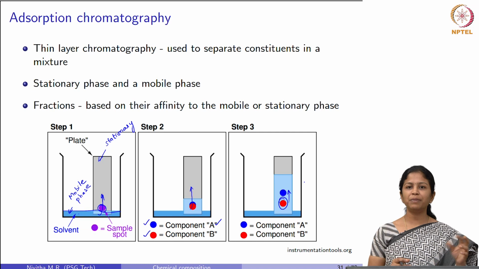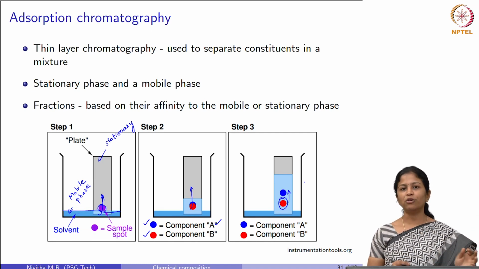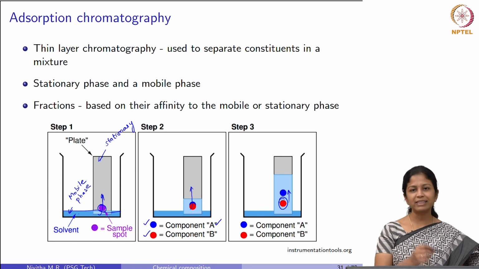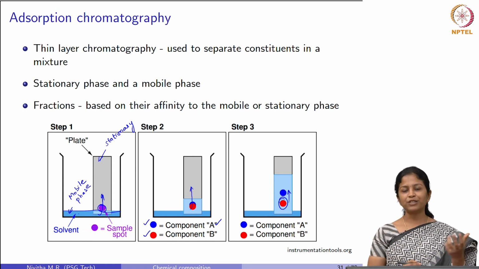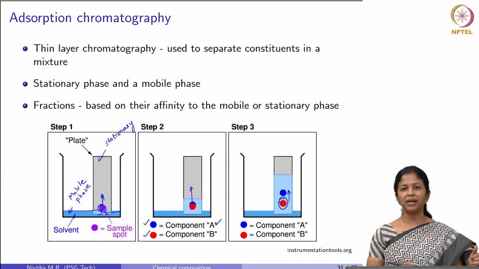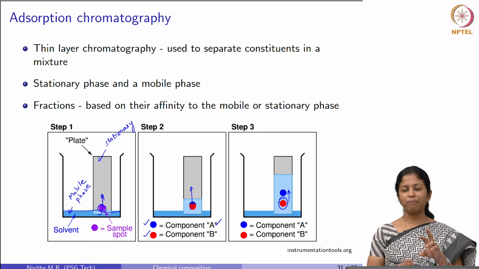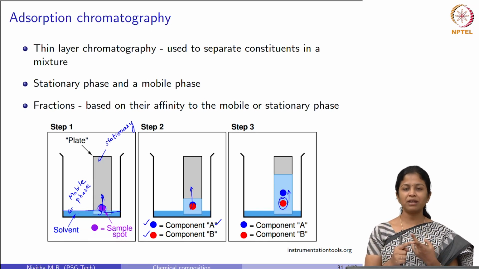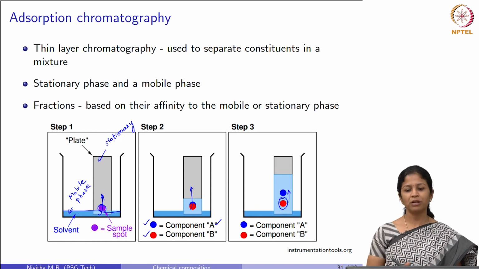So, this is the principle which is used in the Corbett procedure to separate out all the 4 fractions, or the 3 fractions in fact, because the asphaltene fraction is initially precipitated out separately. So, only to separate the saturates, naphthene aromatics and polar aromatics, we are using this adsorption chromatography.